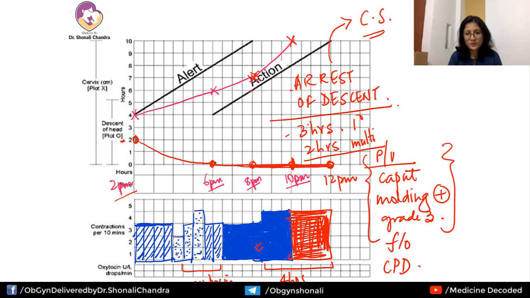By any means, I have to expedite delivery because arrest of descent has taken place. So this is how the partogram is plotted, and this is how it helps us to identify delay or arrest in the progress of labor.